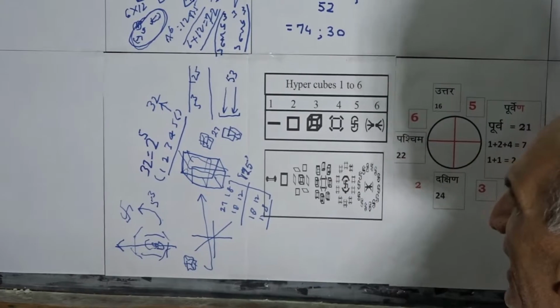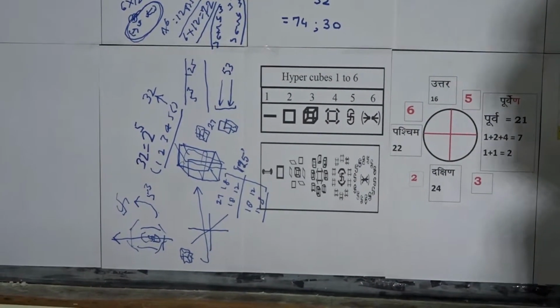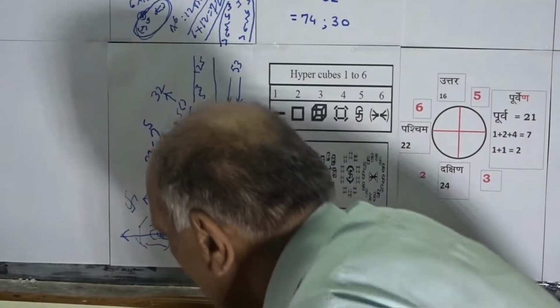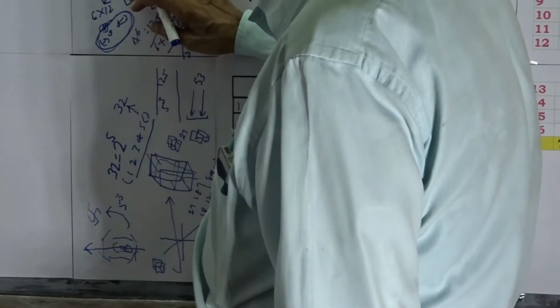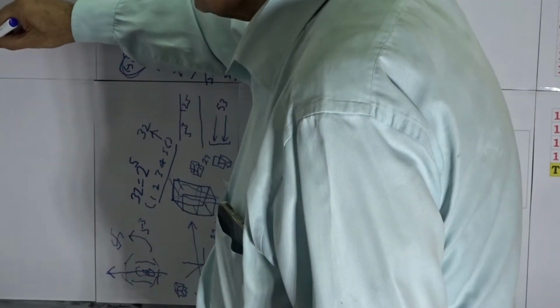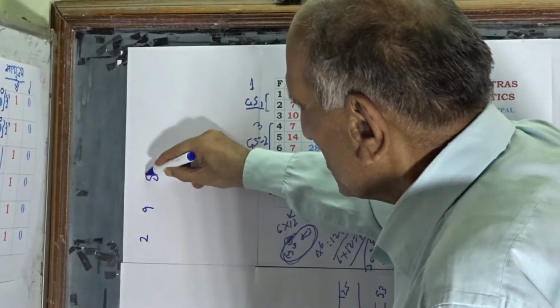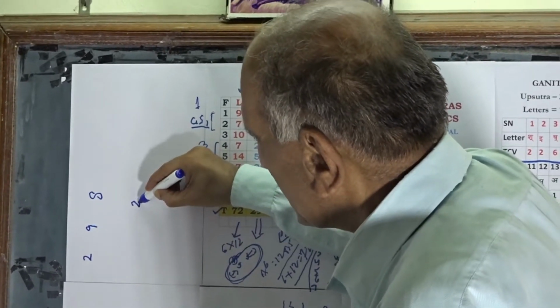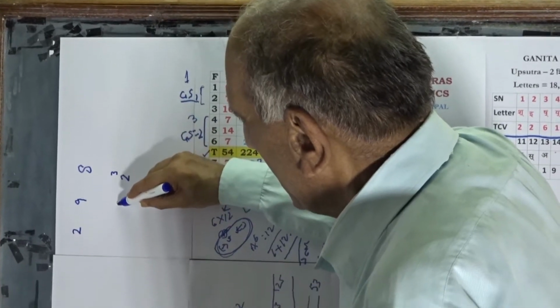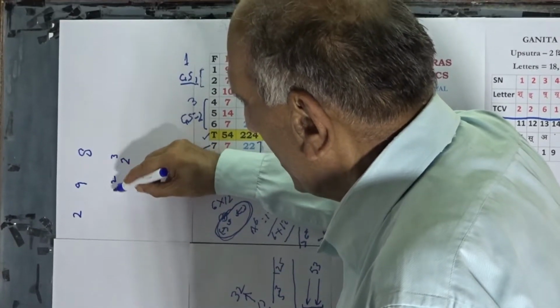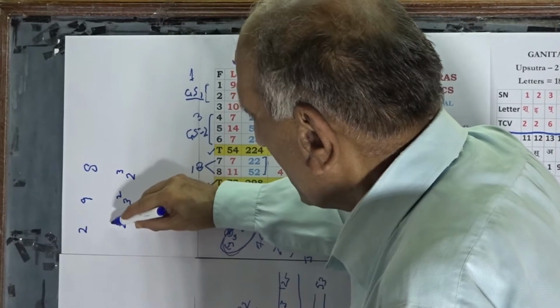A step ahead, we now have a value 298. The value 298, first of all, deserves to be changed into triple digits as these are, and this comes to be 2 raised to power 3, here is 3 raised to power 2, and here is 2 raised to power 1.